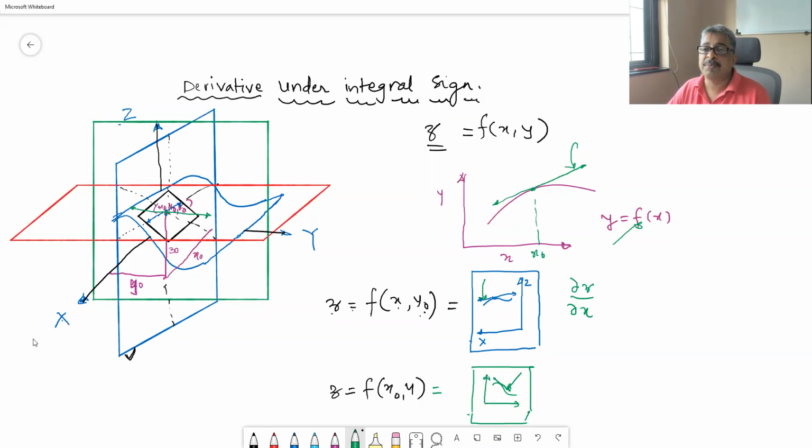That is the notational difference I am making, because small change in x, what is the change in z? That is what I want to study by keeping y constant.